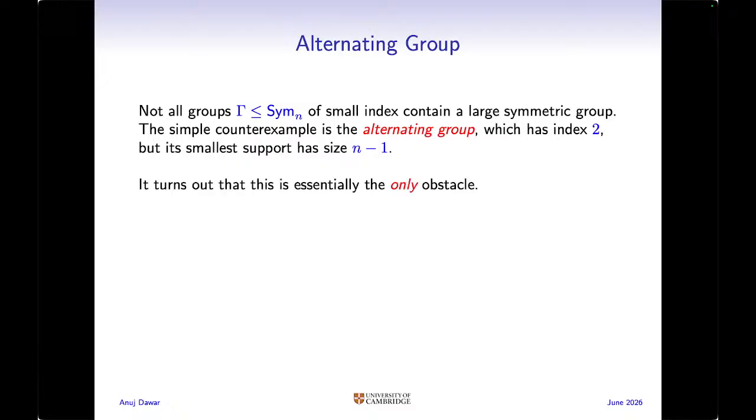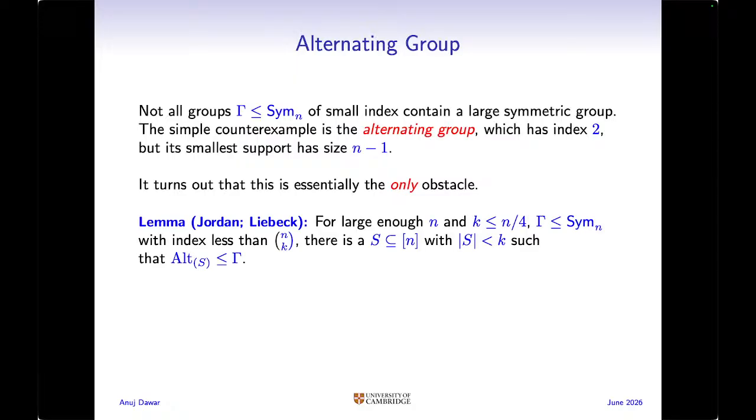But really, it turns out this is the only obstacle. A classic theorem from permutation group theory says that if you have a group of essentially polynomial index inside the symmetric group, then it contains within it a large alternating group, right? Not necessarily a large symmetric group, but a large alternating group.